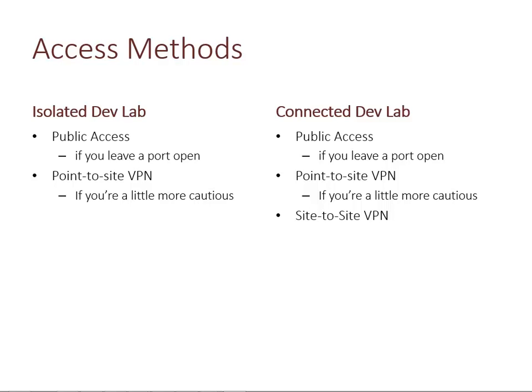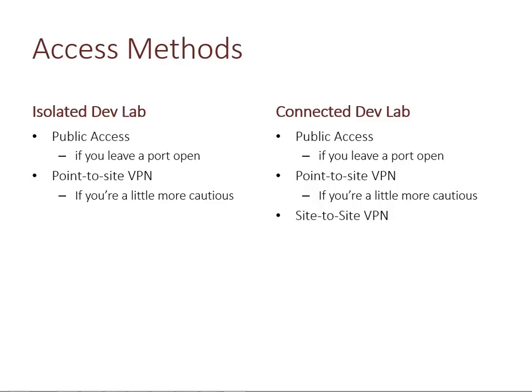The next option is the point-to-site VPN. Now when we create a dev lab we always set up all the Windows Azure network and so on so the machines are all connected together and part of a domain, and the point-to-site VPN means you've got solutions for situations if your organization means you can't just get straight out of the machines with RDP.